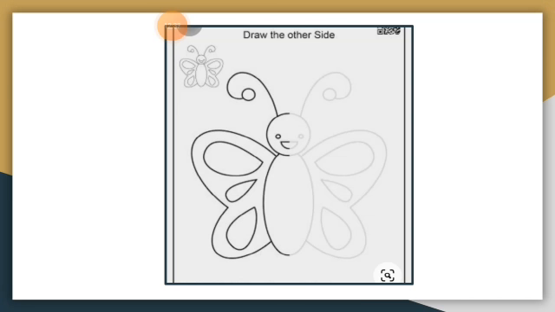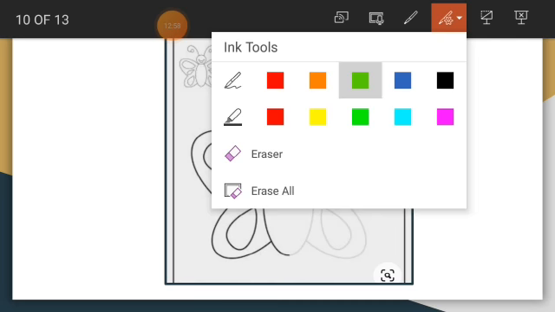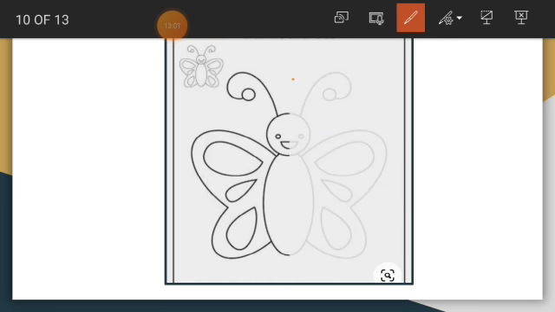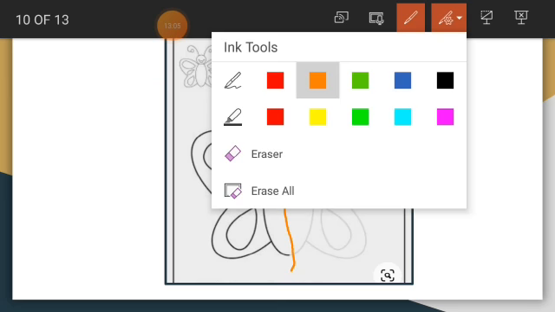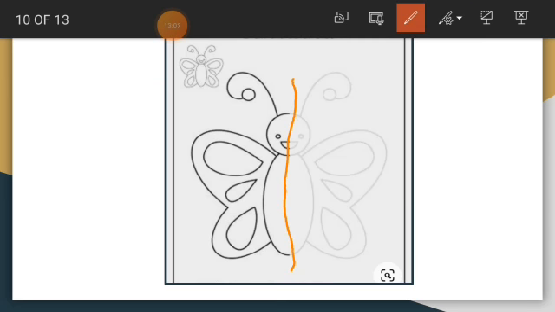Okay, very good. Look at this one. What do we have on this slide? We have a butterfly. Okay, now one side is already here. Now we have to draw the other side to make it symmetrical. First we will draw the line of symmetry in the center. Okay, see, this is a line of symmetry. Okay, now I am completing the other side also.